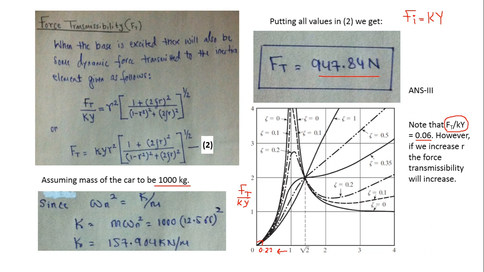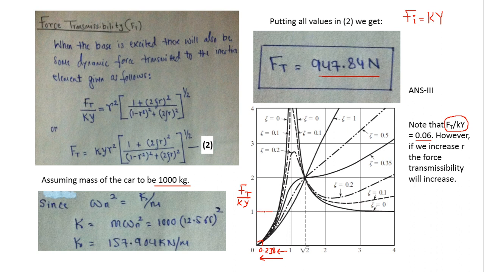So therefore you see that reducing r and bringing it closer to 0 is favorable in reducing the transmitted force as well. The ratio of transmitted force is less than 1, 0.06.